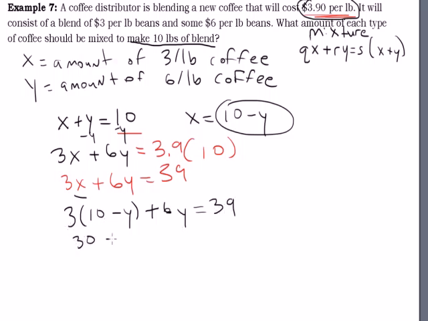Distributing the 3, I'll get 30 minus 3y plus 6y equals 39. Combining like terms on the left-hand side, I'll get 30 plus 3y equals 39.